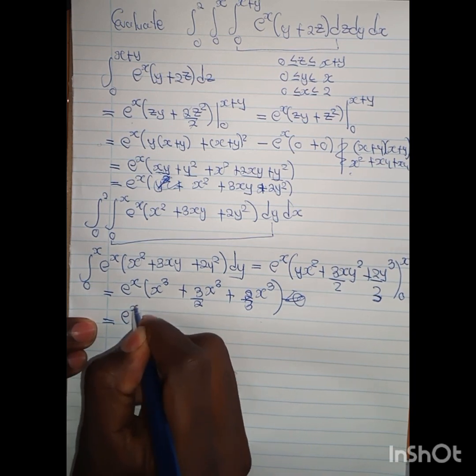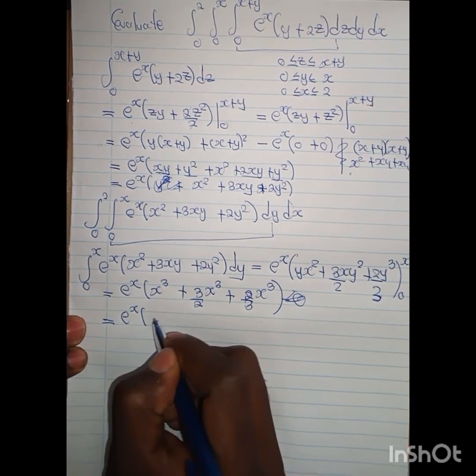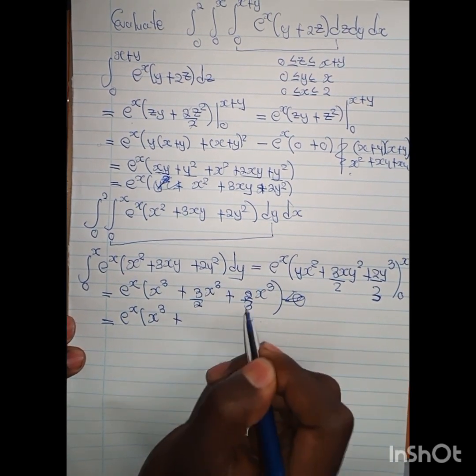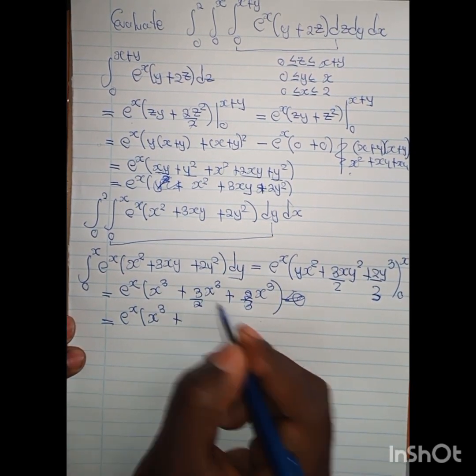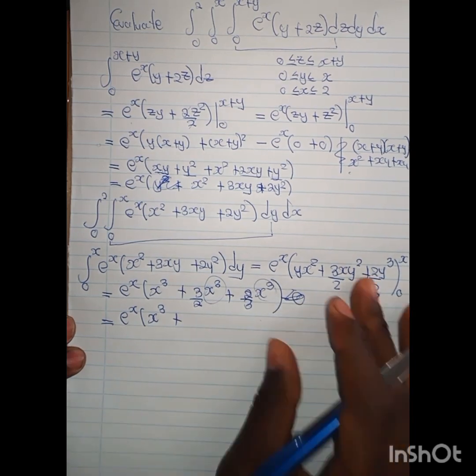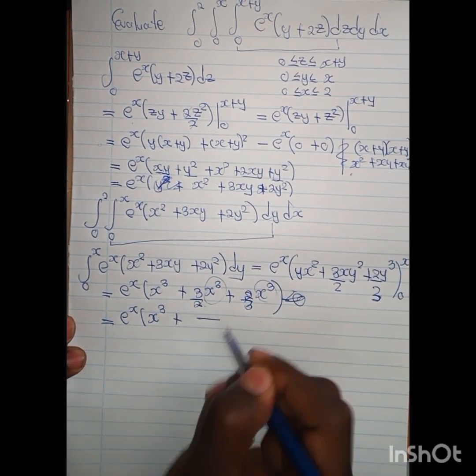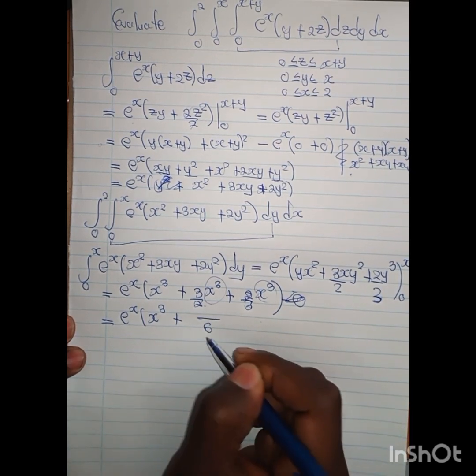So this is what we have: e to the x, then x cubed plus, when we check here, we have 2 and 3. Since these terms are the same, let us take the LCD of 2 and 3, which is 6.